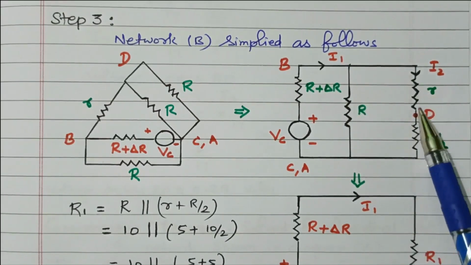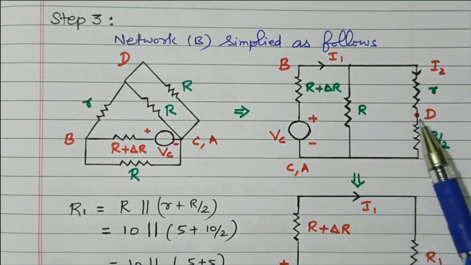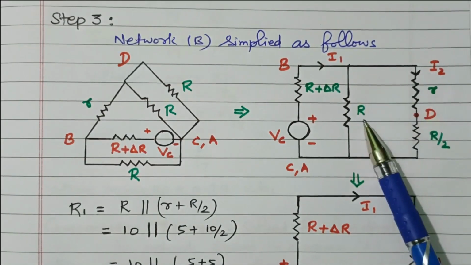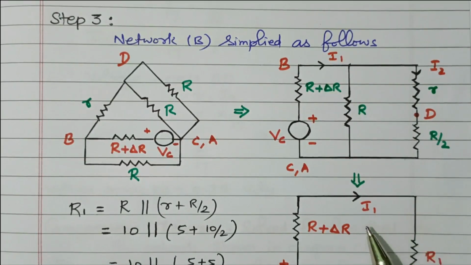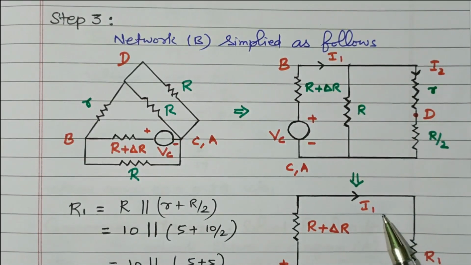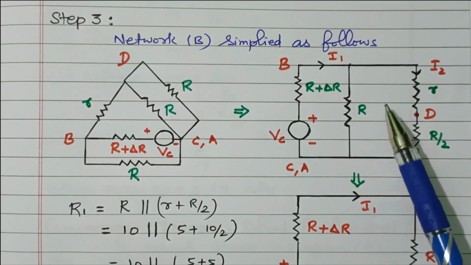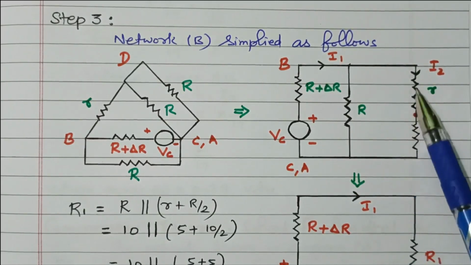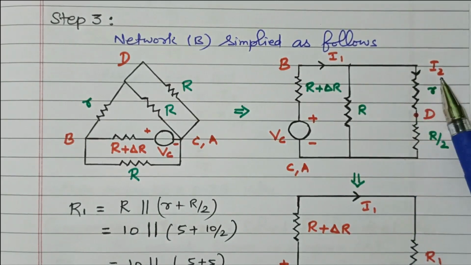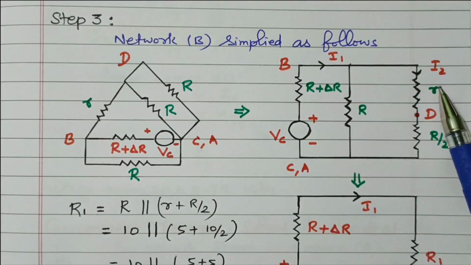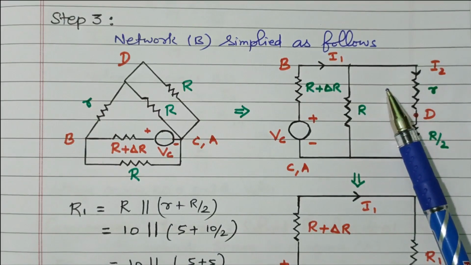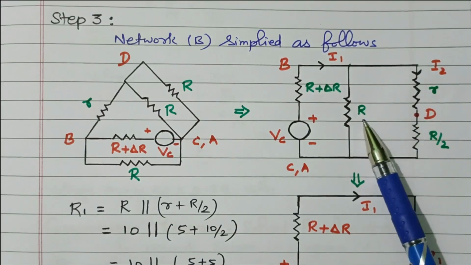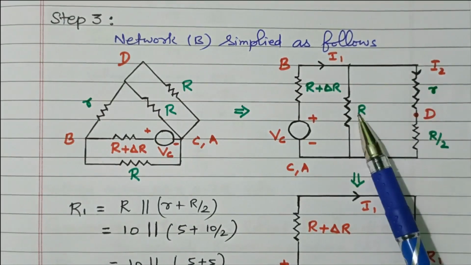What we need is this I2, so R divided by total resistors, R plus small r plus R by 2. What we calculated as I1 is the total current, 2 by 17. But what we need is the current flowing through this branch, I2, which can be calculated by the current divider rule: total current multiplied by other branch resistor divided by total resistor.